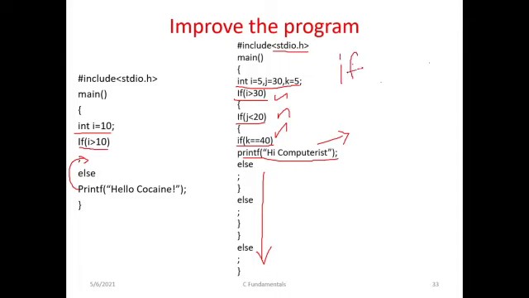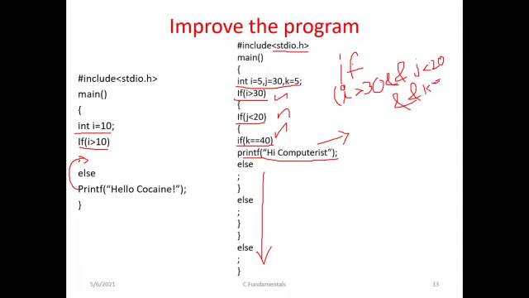If the condition is like this: i greater than 30, the precedence is from left to right, so it works out, and all the conditions have to be satisfied, right? j less than 20 and, sorry for my writing, k equal to 40.